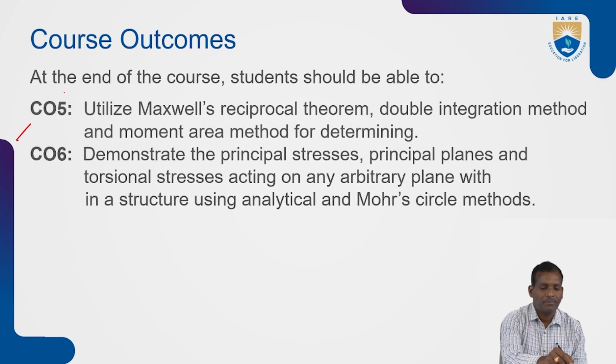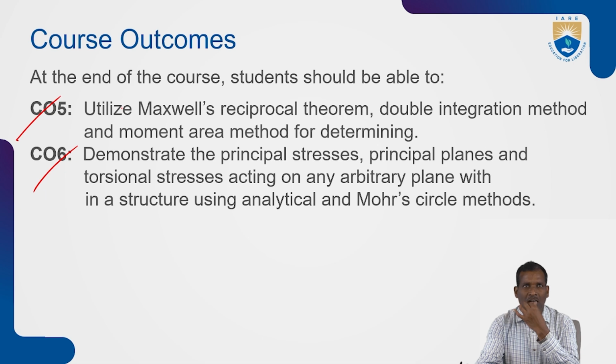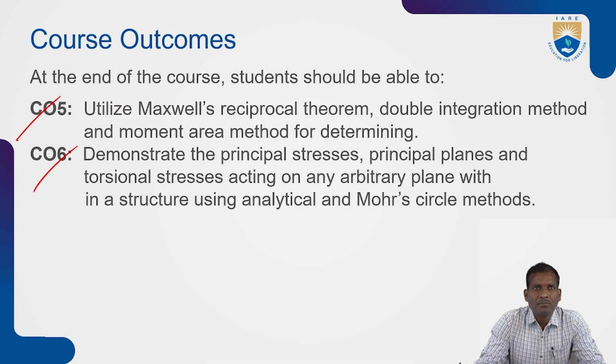Next, CO5. In CO5, utilize the Maxwell reciprocal theorem, double integration method, and the moment area method for determining deflections. And course outcome 6, demonstrate the principal stresses, principal planes, and torsional stresses acting on any arbitrary plane within a structure using analytical and Mohr's circle methods.